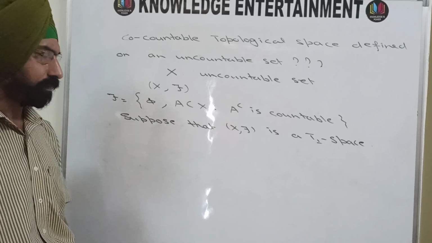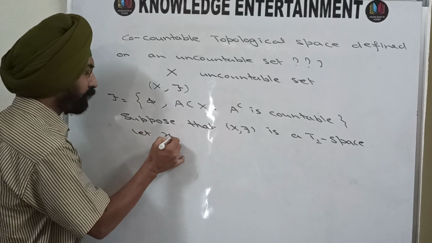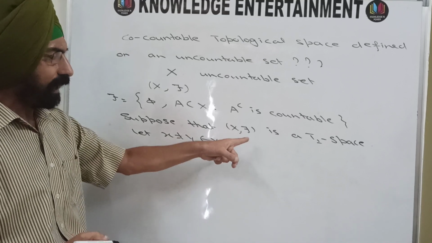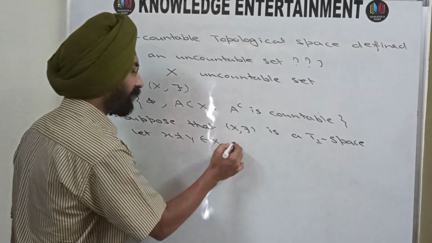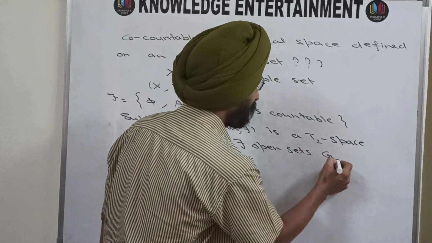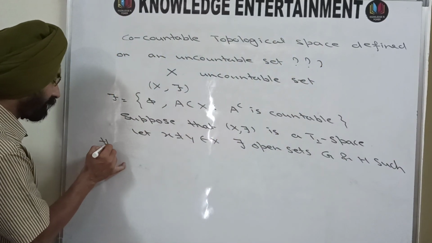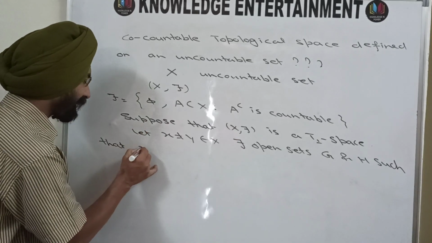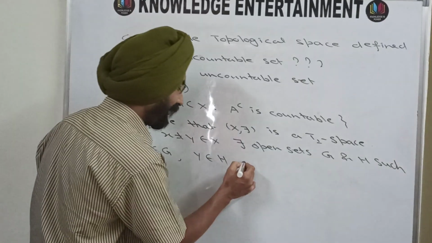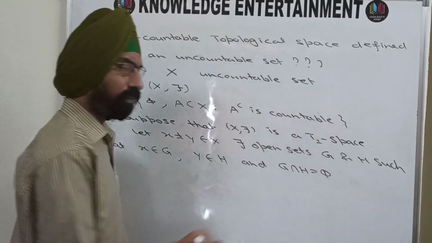This I have supposed. That means if I take any 2 points, let X and Y be any 2 distinct points of X, then since we have assumed that this is a T2 space, there must exist open sets G and H such that your point X is in G, your point Y is in H, and your G intersection H is phi.